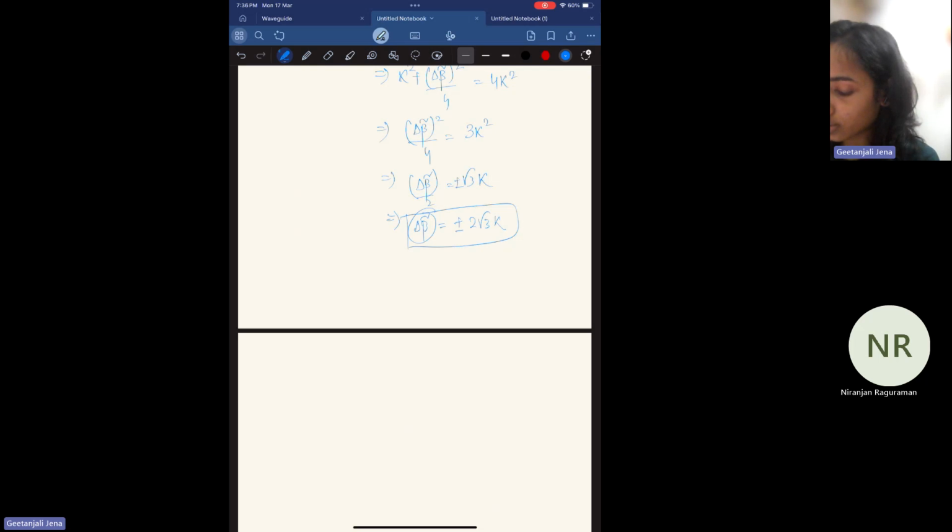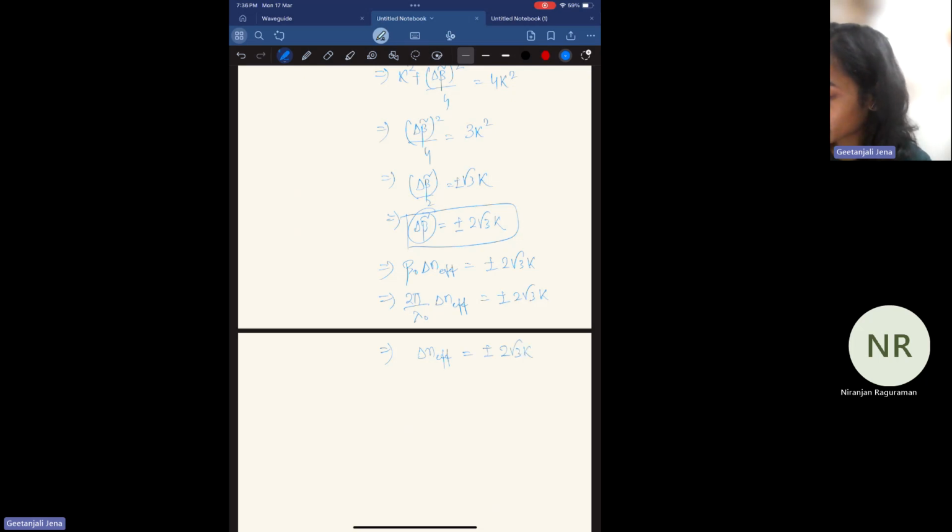So this you can write as beta 0 delta n effective, which is plus or minus 2 root 3k. Beta 0 is 2 pi over lambda 0, delta n effective, which is 2 root 3k. So delta n effective is plus or minus 2 root 3k.